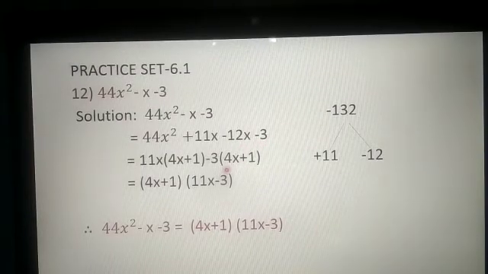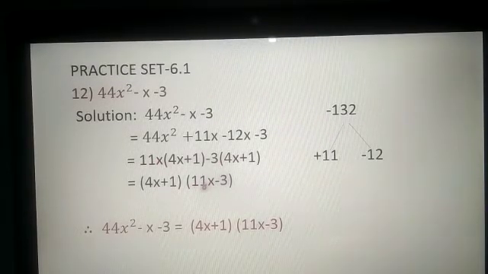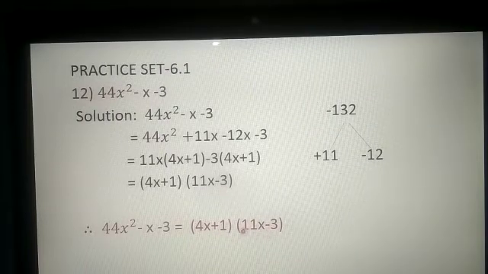Then what will be left in the bracket? 4x plus 1. Now we have 4x plus 1 as a common factor. So taking it out, whatever remaining terms are there, we will keep in the bracket, that is 11x minus 3. So in this way we got 4x plus 1 and 11x minus 3 as the factors of the quadratic trinomial 44x square minus x minus 3.